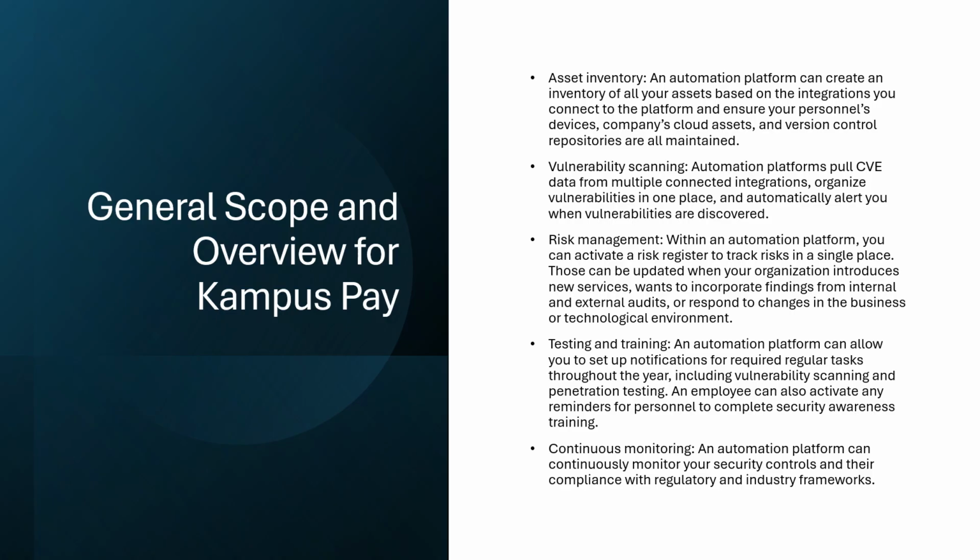The organization usually has new services being updated, and they want to incorporate the findings from any of the external audits. And this can date back from the risk management portion, and we want to respond to any of it in a timely manner and technologies.